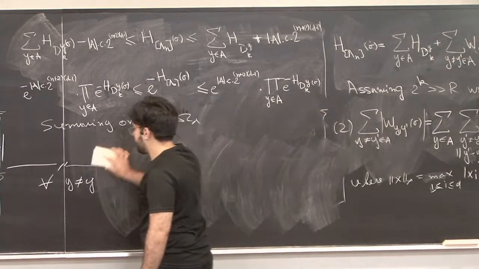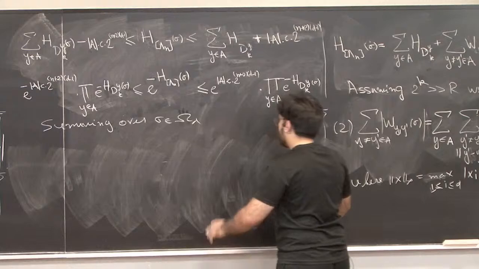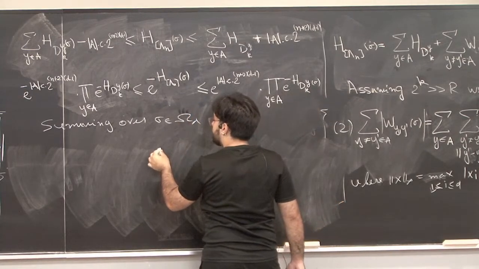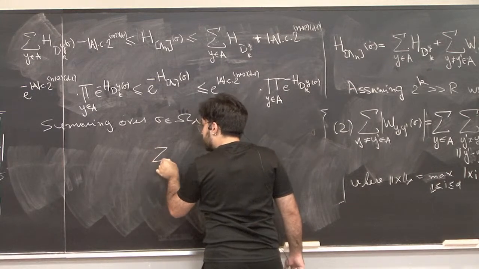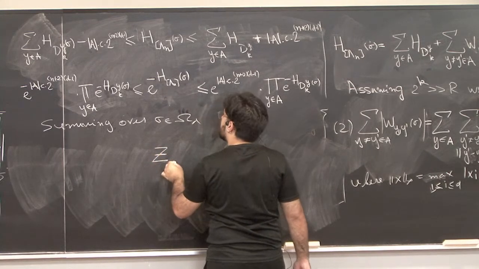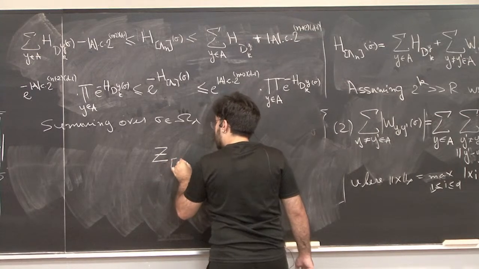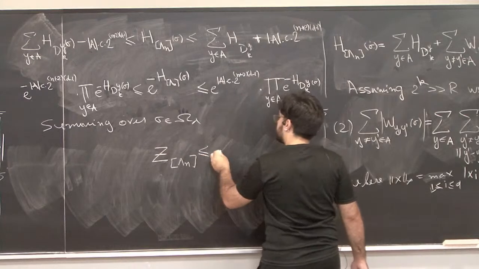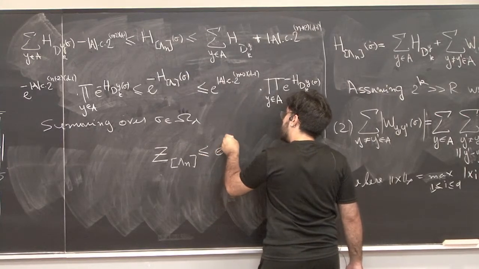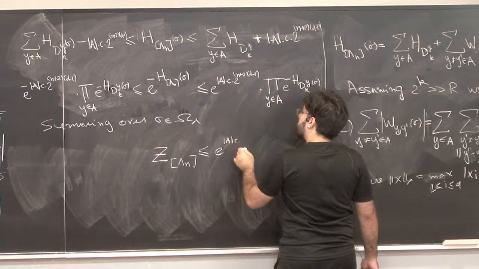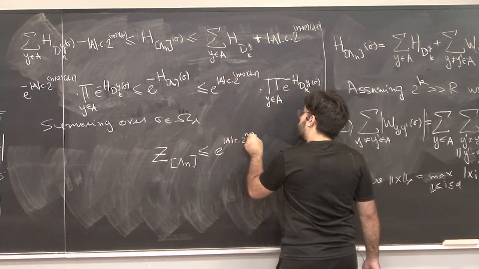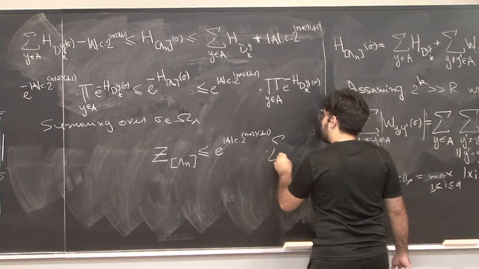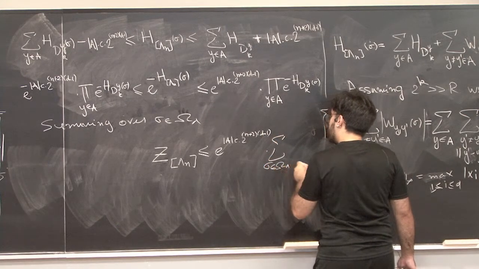I get here in the middle the partition function in lambda n, in the cover of lambda n, will be less than the exponential of A times C to the power 2n plus 2d minus 1 times the sum over the configurations.